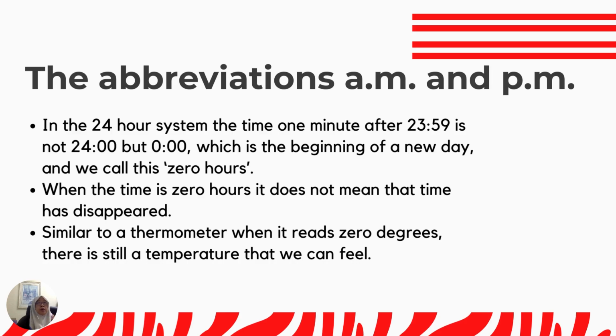In the 24-hour system, the time 1 minute after 23:59 is not 2400 but 0000 hours, which is the beginning of a new day, and we call this 0 hours. So it is not officially 24, but it will turn to 0000 hours. When the time is 0 hours, it does not mean that time has disappeared, but it goes back to the original state of 0000 hours.